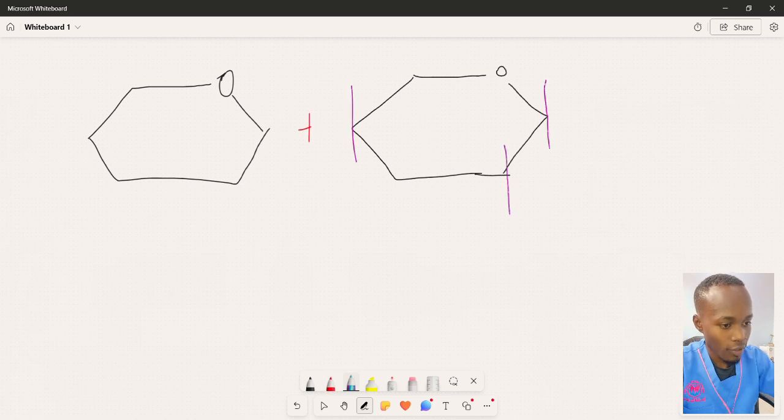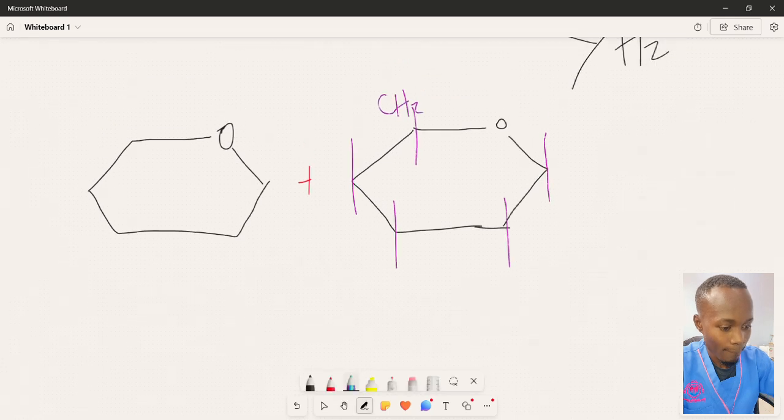So we are going to have CH2OH up here, just like in glucose, and because it's an alpha sugar, the OH is going to be down here.